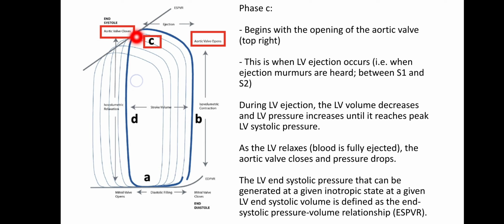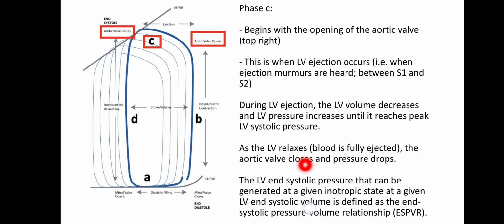At this point, the aortic pressure also rises because of continuous ejection of blood from LV to aorta. When the aortic pressure rises above the LV, that is when the aortic valve closes. That ends the ejection phase.